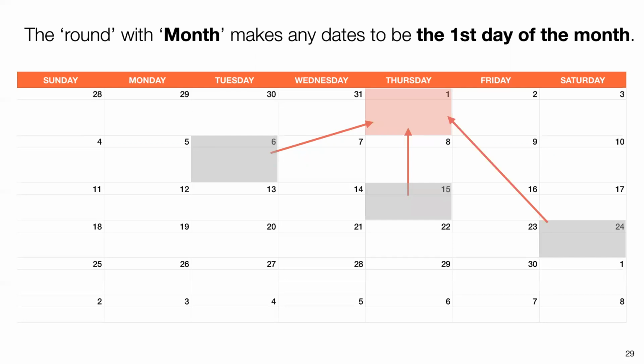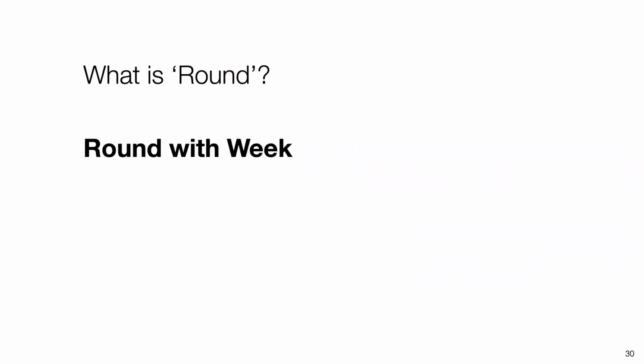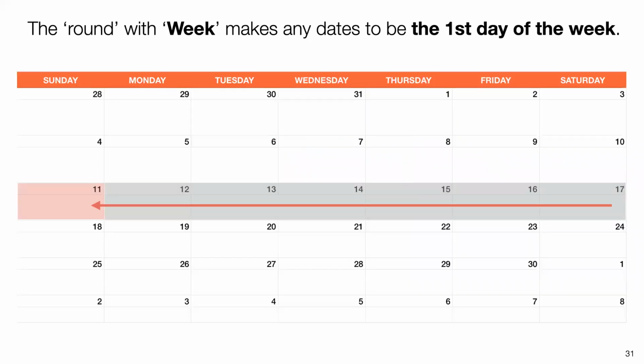If that was 2018, then it becomes 2018 January 1st. A similar thing is for the week: it becomes the first day of that given week. So for example, January 12 or 14 or 16 all become 2020 January 11th.